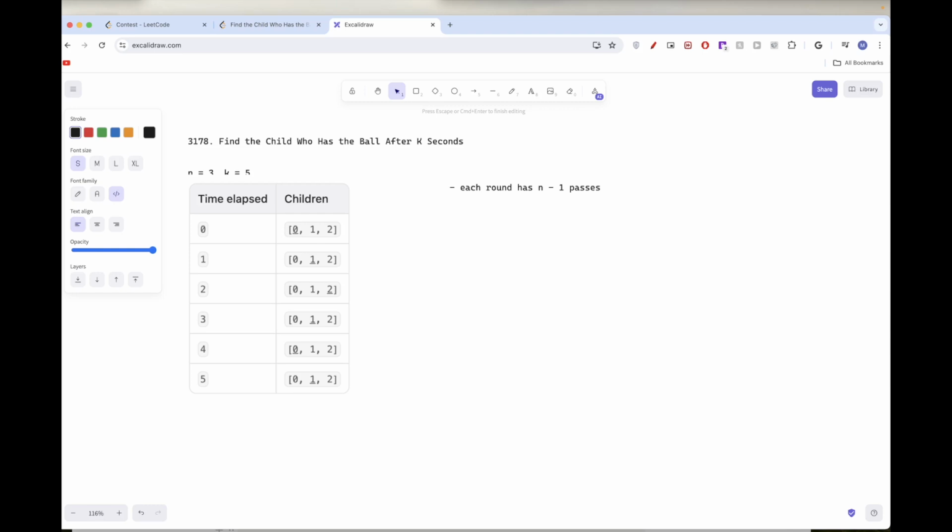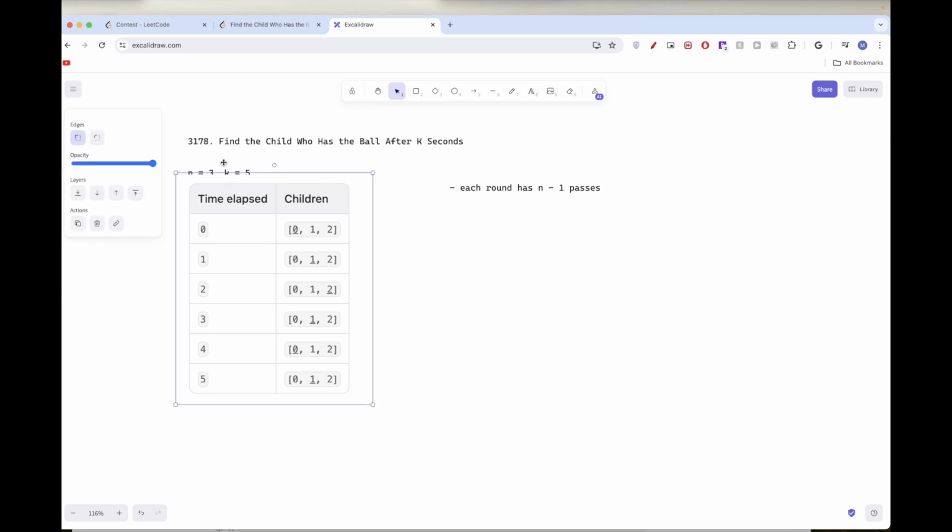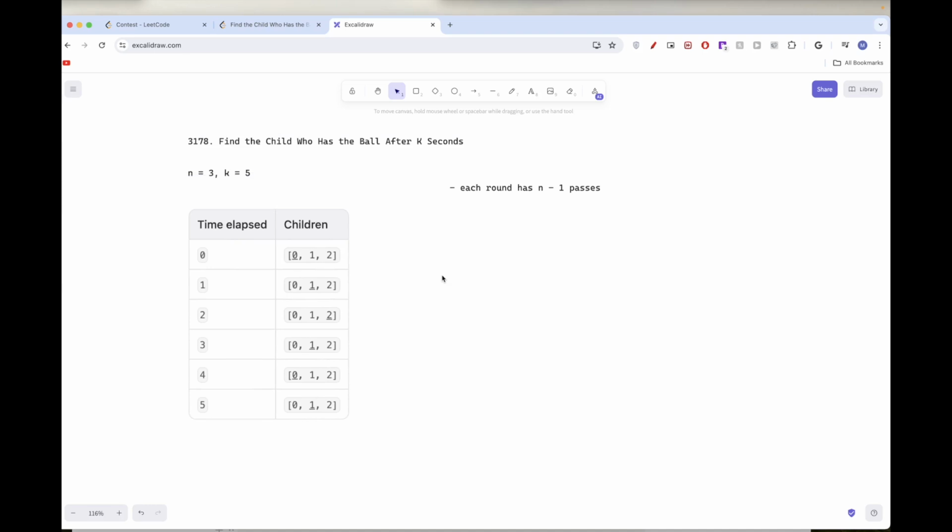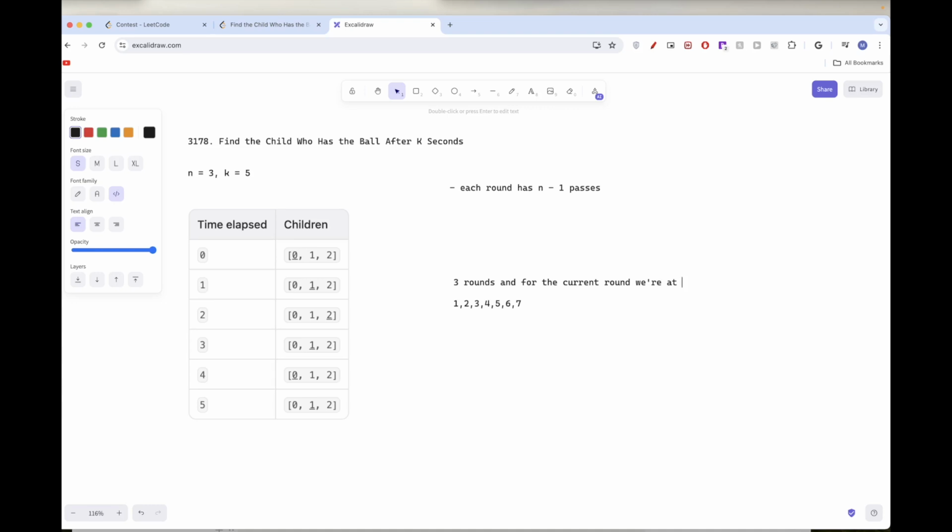Okay, now the other thing, how do we know which direction we are at, right? To know which child has the ball, we need to know which direction we are going in. Because let's say we have something even bigger, like 1, 2, 3, 4, 5, 6, 7, and let's say we know we already did maybe 3 rounds, and for the current round we are at maybe 3 passes.